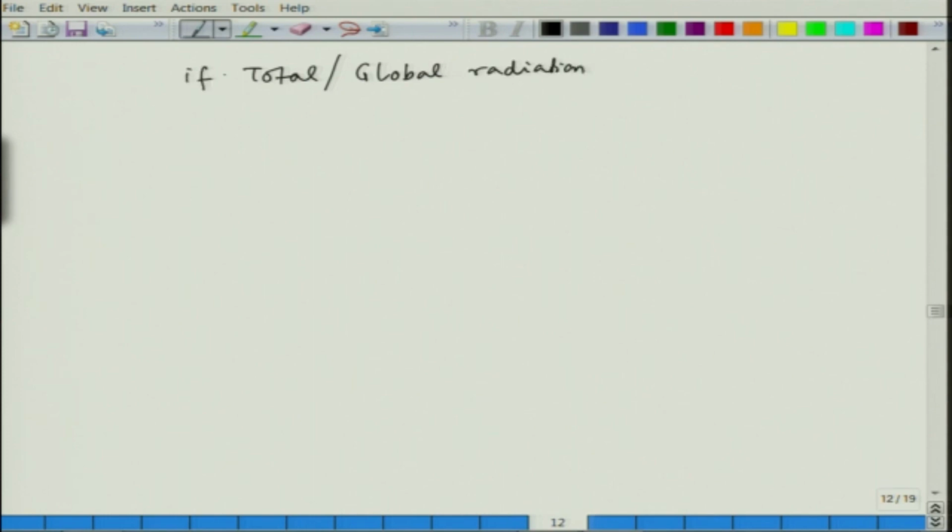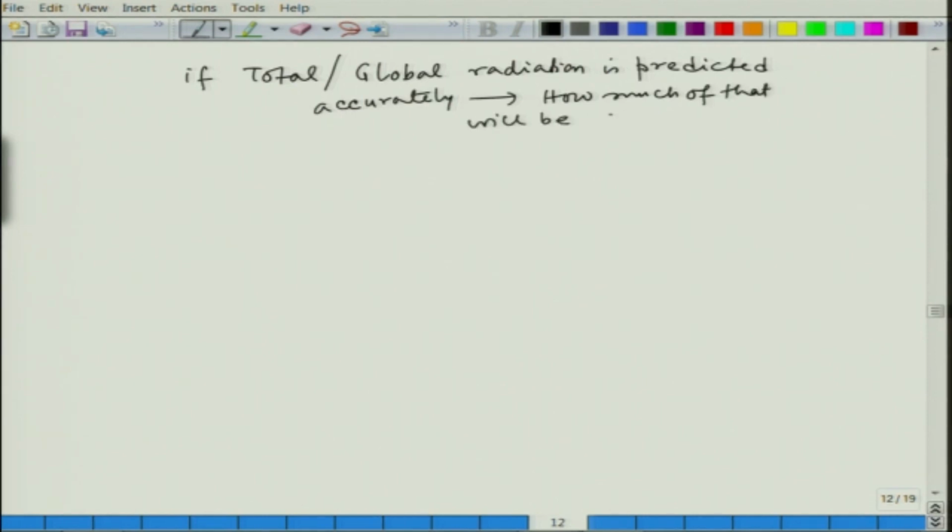If this total or global radiation is predicted accurately, then how much of that will be direct and how much of that will be diffuse?